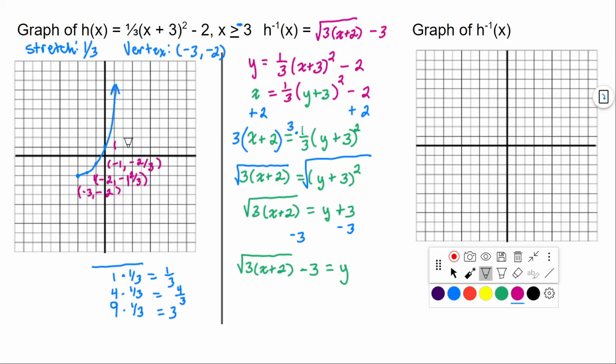We were at 0, 1. So I'm going to do the inverse of all of these points. That means I switch them. So we have a point at -2, -3. We have a point at -1 2/3, -2. We have a point at -2/3, -1. And we have a point at 1, 0. So our inverse is going to look like this.